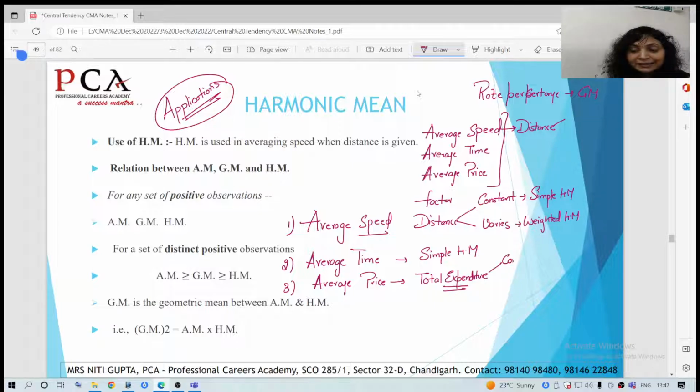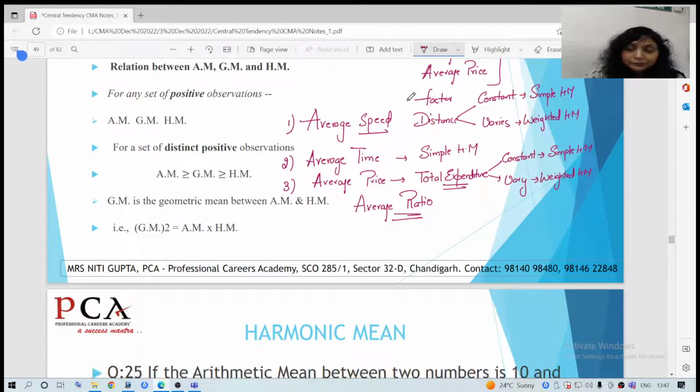If total expenditure is constant, every time you are spending the same amount, then we use simple harmonic mean. And if it varies, every time your total expenditure is different, then we use weighted harmonic mean, and the total expenditure becomes the weights. So this is the application of harmonic mean. Harmonic mean is also best considered for average ratio. Whenever we have to compute average ratio, the ideal average is harmonic mean.